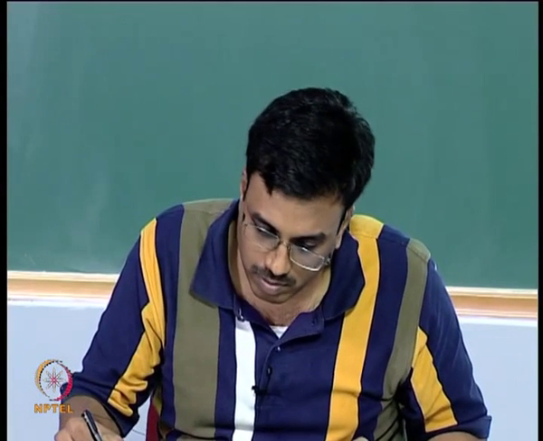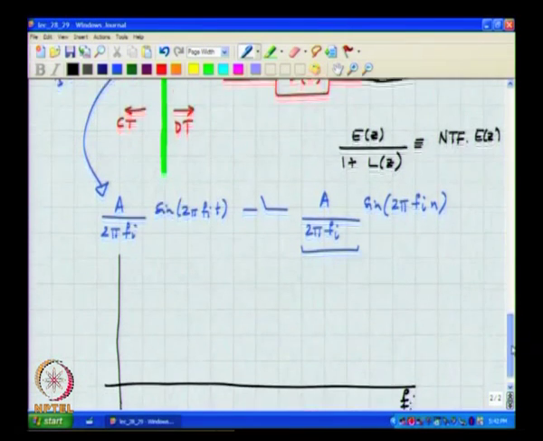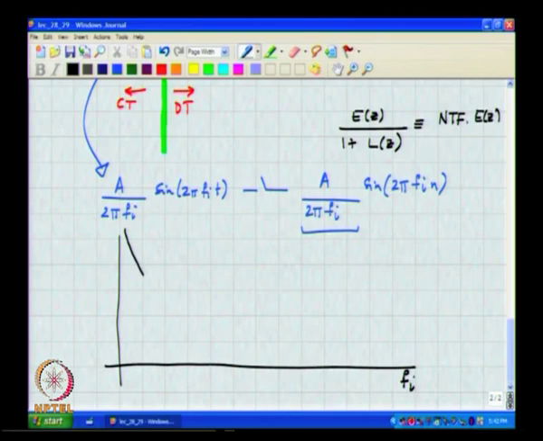No, what is the gain from u to the output of the loop filter as frequency is changing? It decreases. At DC it is infinite, and it falls off as 1 by Fi, right, 1 by 2 pi Fi is the correct expression, correct.